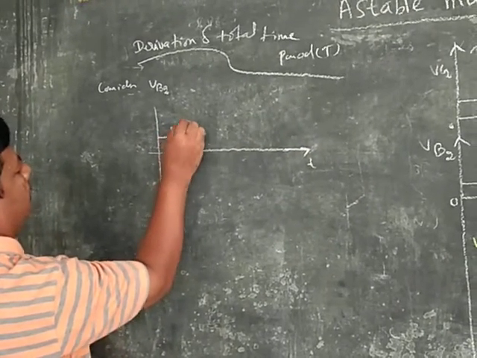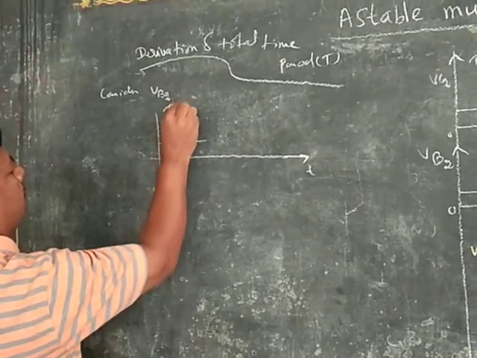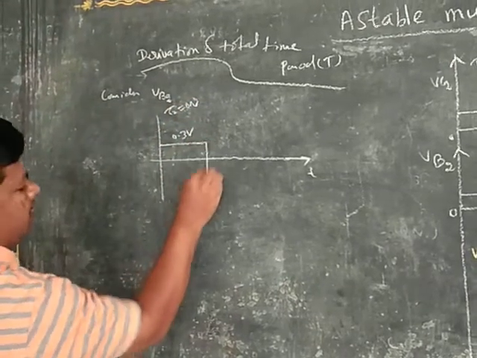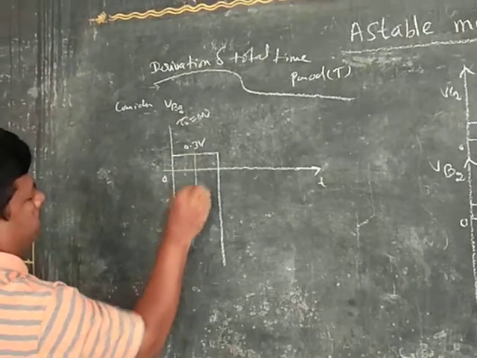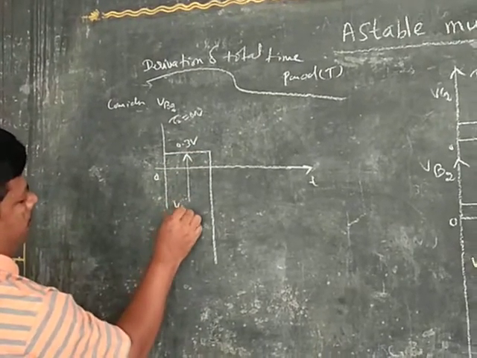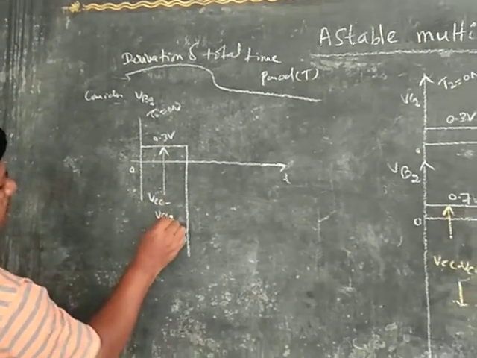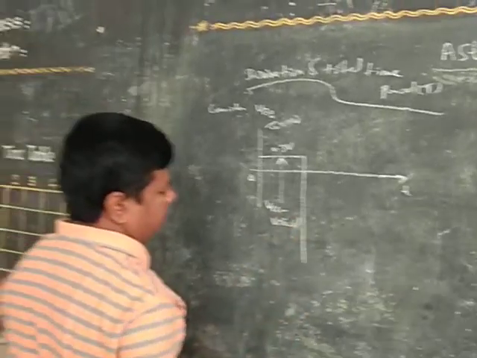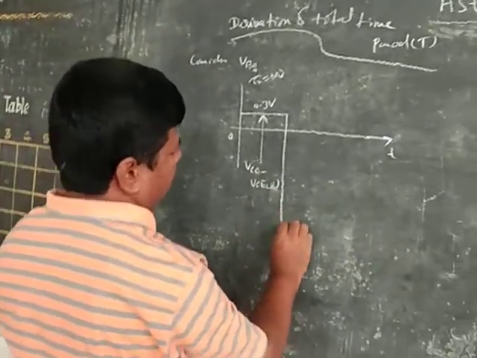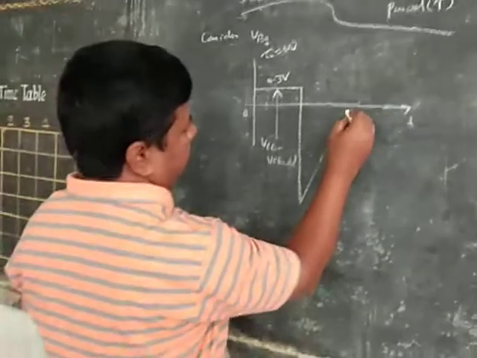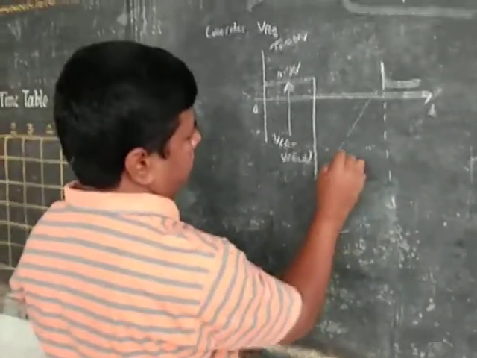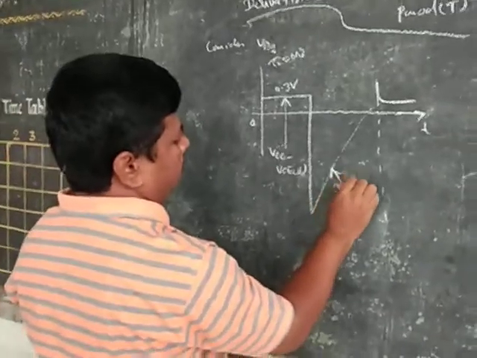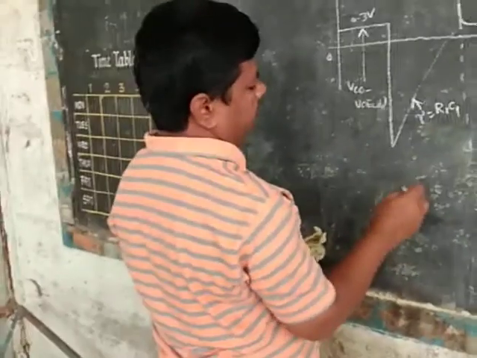Initially it is 0.3 volts, then suddenly it drops to minus (VCC minus VCE saturation). Then it will slowly increase, then again it will come down. Now this is tau is equal to R1 C1.